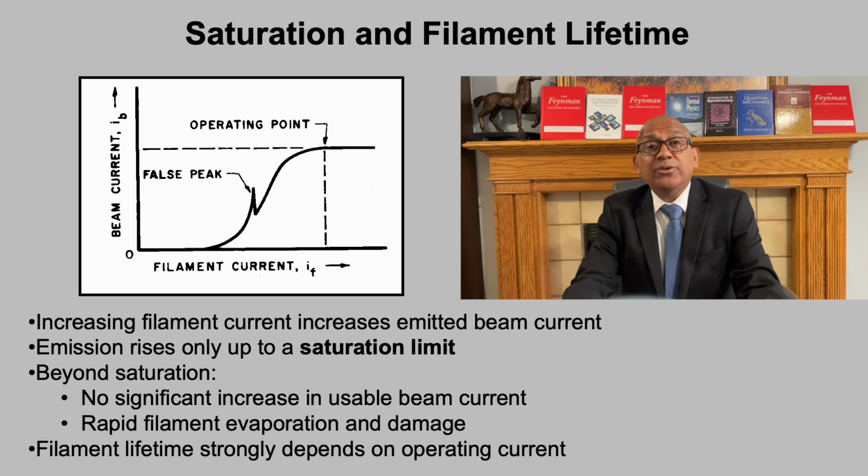In thermionic electron sources, increasing the filament current raises the filament temperature, which in turn increases the number of electrons emitted. However, this increase does not continue indefinitely. The emission reaches a saturation point where further increases in filament current produce little or no additional usable beam current.